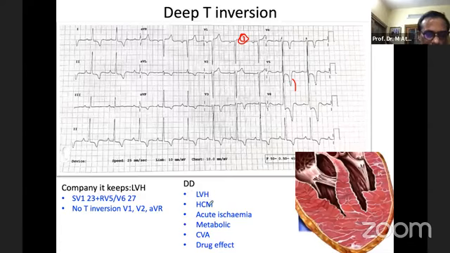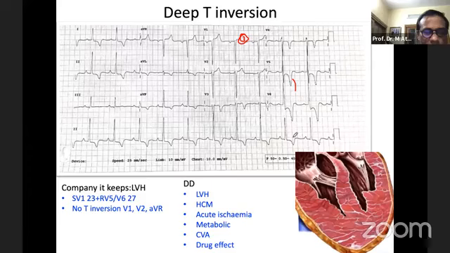The differential diagnosis includes left ventricular hypertrophy, cardiomyopathy, acute ischemia, metabolic cause, cerebrovascular accident, and some drugs, particularly tricyclic antidepressants. But this is characteristic of left ventricular hypertrophy in the presence of hypertrophic cardiomyopathy. Most of the time, this is left ventricular hypertrophy or hypertrophic cardiomyopathy, but it should not be acute ischemia.